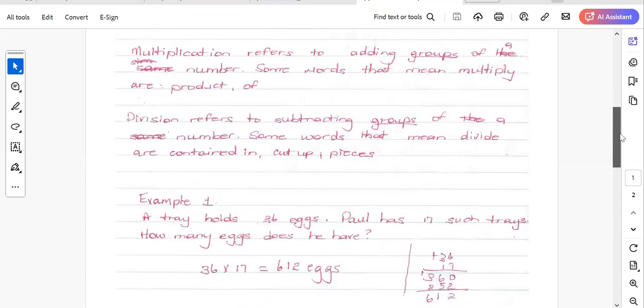Multiplication refers to adding groups. So it's like addition, but in groups of a number. So some words that would mean multiply are product and of. So let's go back to Jane with her dollars, right? Now, Jane has $5, right? She has $5.